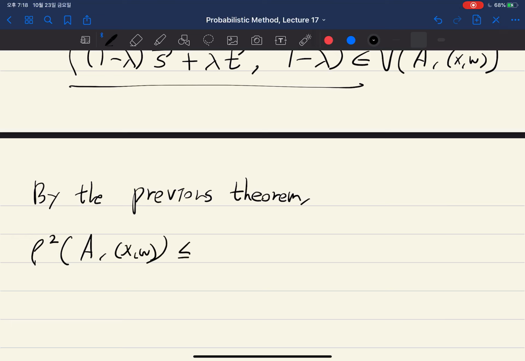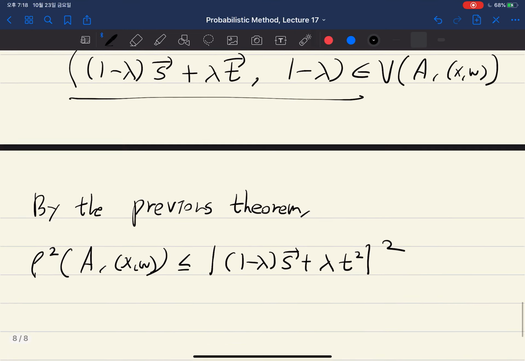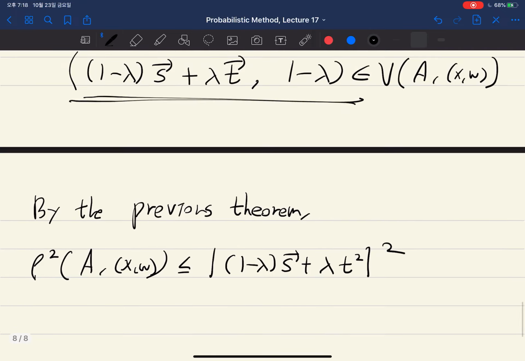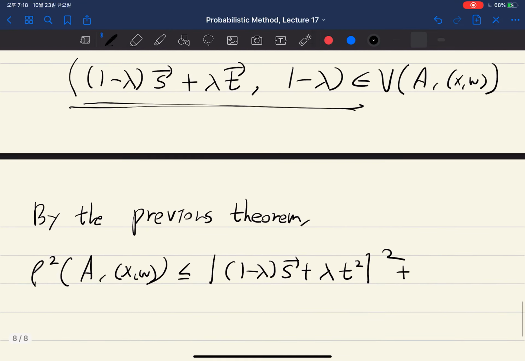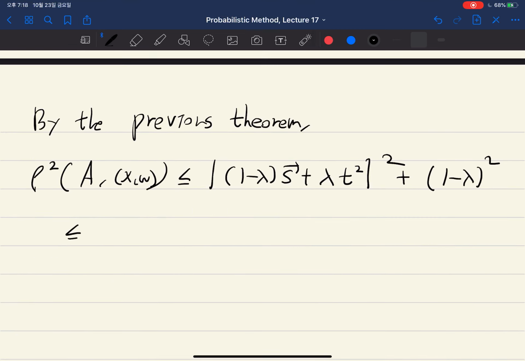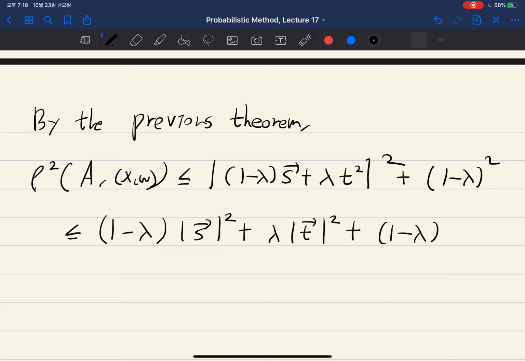Then this is, you take this vector and take the summation of the coordinates, and then you add the last coordinate squared, which is at most this plus this plus this.